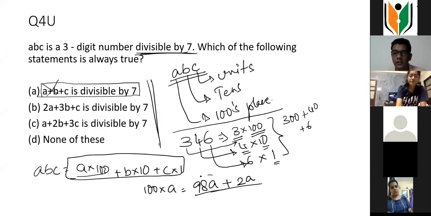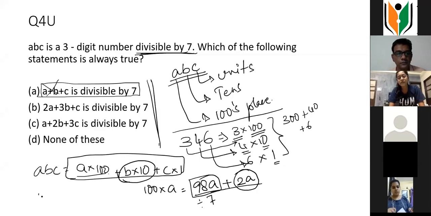This portion, 98A, is divisible by 7. This portion, 2A, I don't know. Similarly, if I take 10B, can I say it is 7B plus 3B, where 7B is divisible by 7, whereas 3B I don't know?